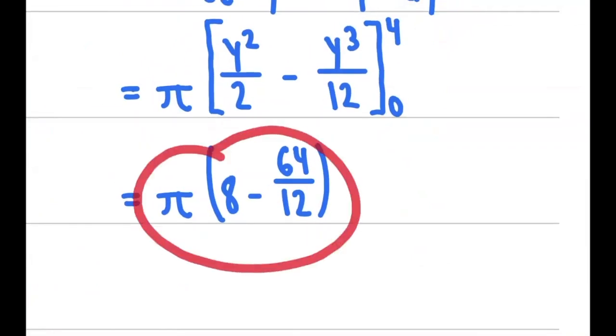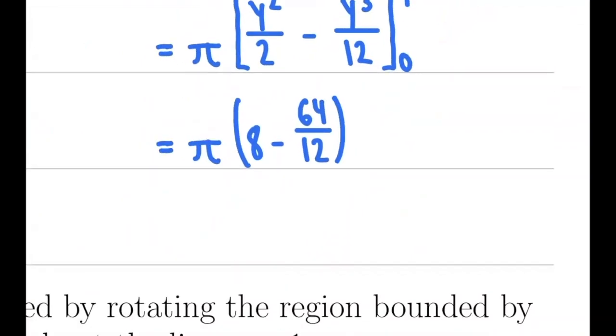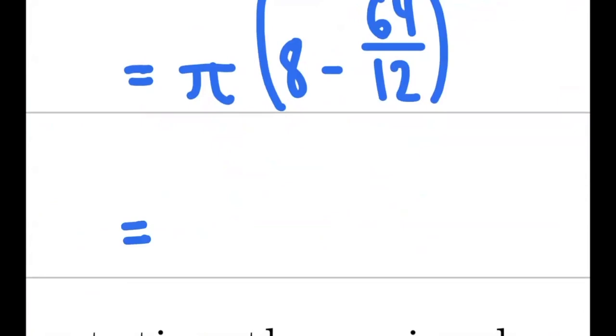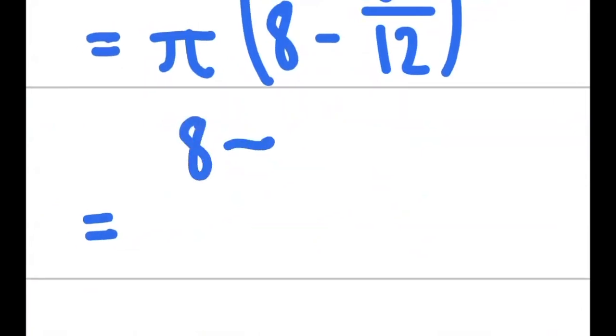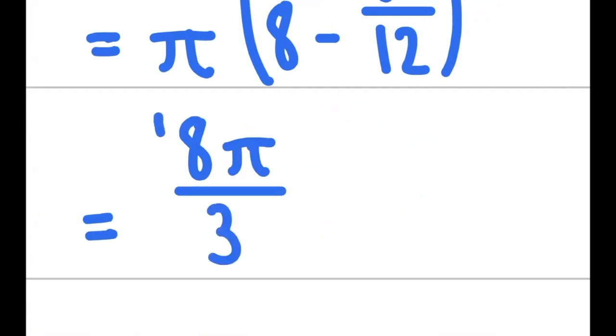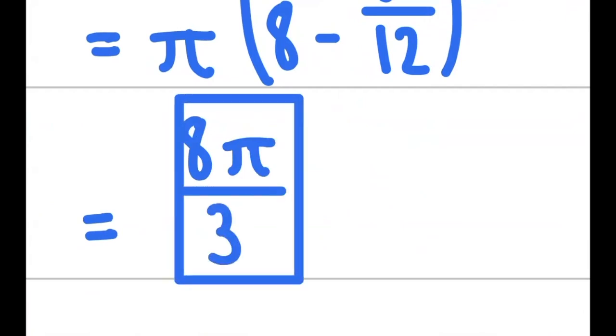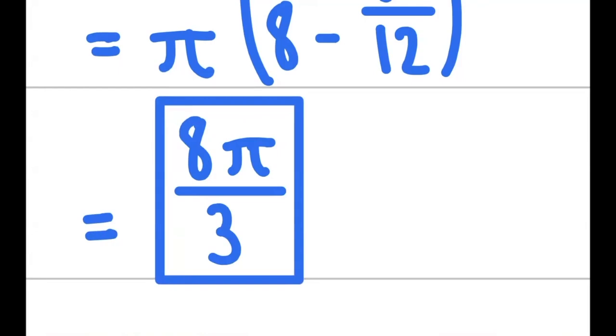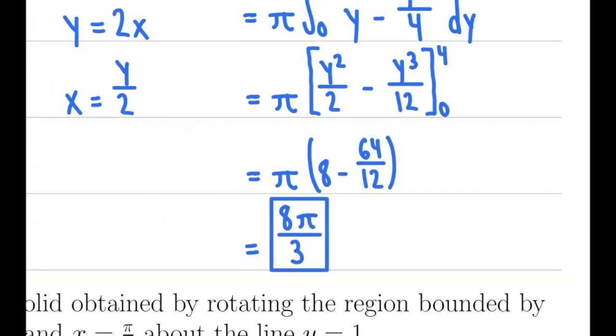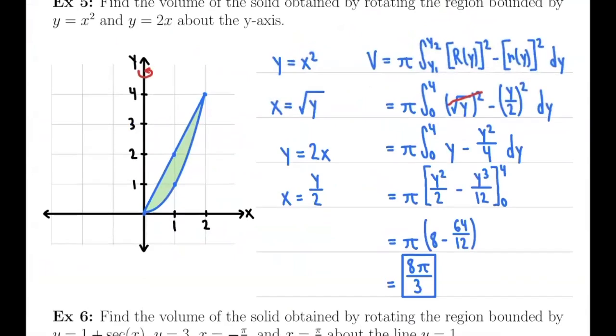If you do the arithmetic, I'm not going to show it all, but 8 pi over 3, that's what you get.